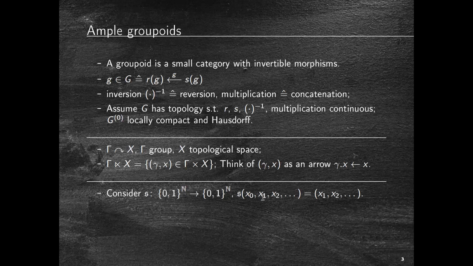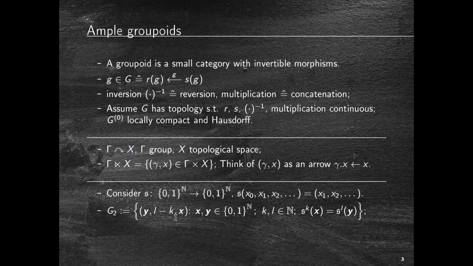But there's a way to construct groupoids also for this type of dynamics. So what do we do? The elements in the groupoid are triples, where X and Y are infinite paths in my space, and then there is an integer in the middle.